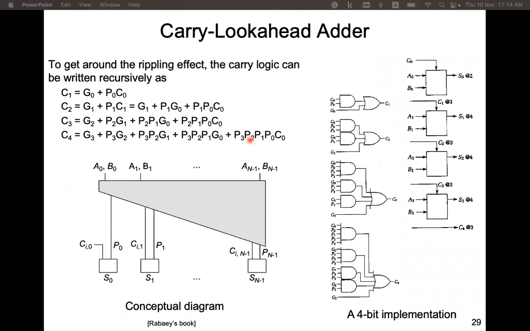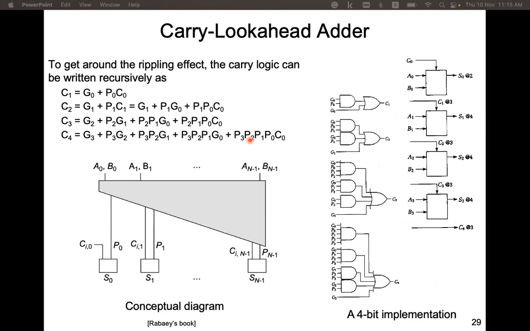So the speed of the carry look ahead adder is only fast for a relatively small number of bits, say 4 bits, or maybe 5 or 6 bits, and it can be faster than the usual ripple carry adder.